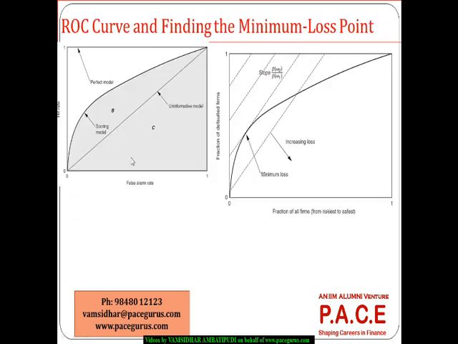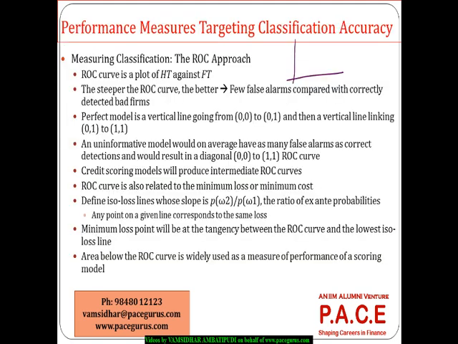I take the false alarm rate on the x-axis and the hit rate on the y-axis. Now the steeper the curve, this is what we are calling the ROC curve, the better it is.